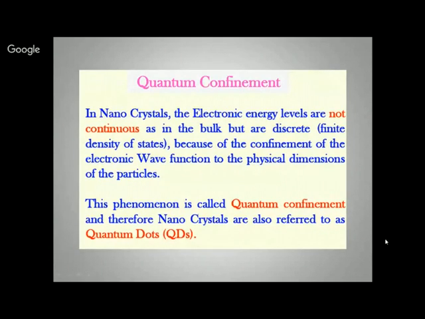As per quantum confinement, the energy levels get discrete. In the bulk material they are continuous, but when we make nanoparticles of the same material, those energy levels get discrete. This phenomenon is called quantum confinement.